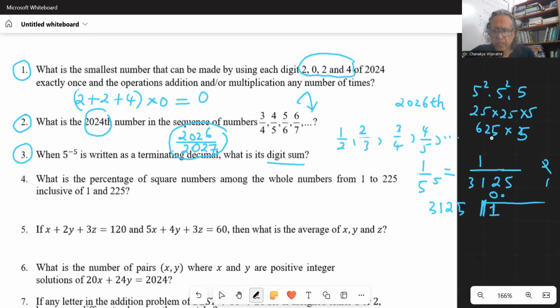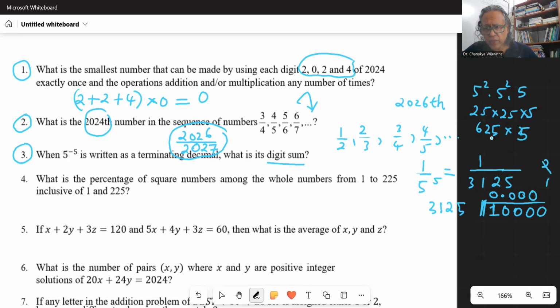So 0, and then 0, 0, 0, right? Now I'll continue with this. And then we get another 0.